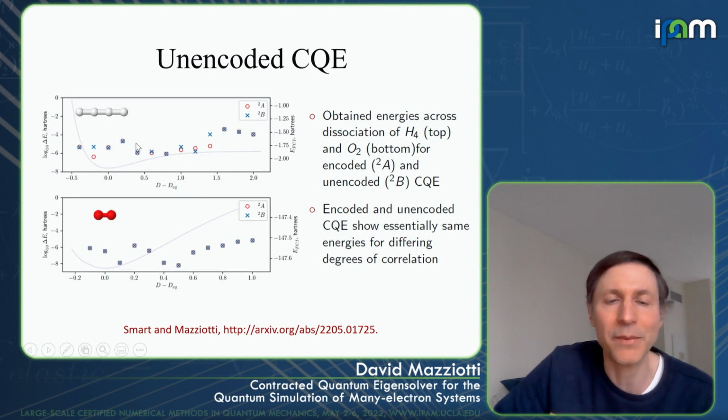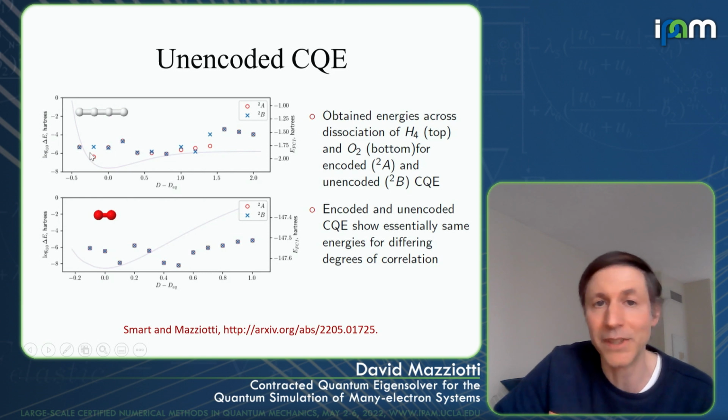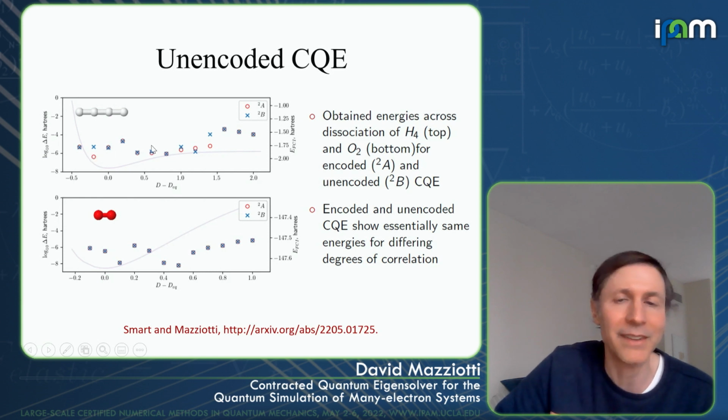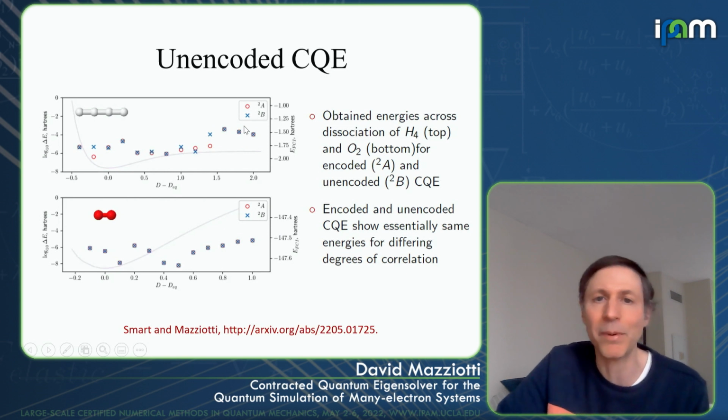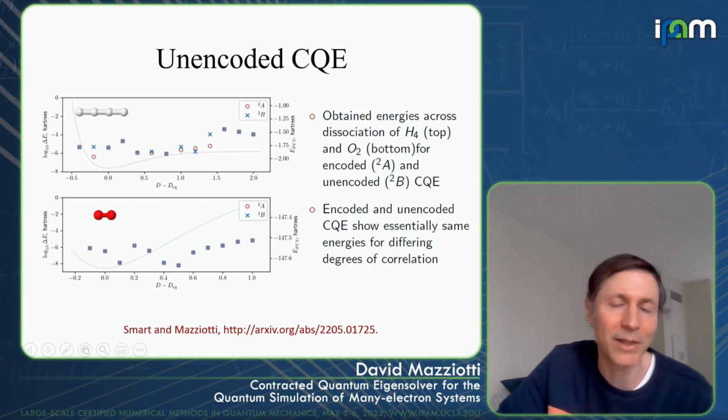The circles represent the fermionic case, and the X's represent the qubit particle case. Here we're on a log scale, so you can see that the error across the potential energy surface is really the same for both the fermionic encoded one and the unencoded qubit particle version of the contracted quantum eigensolver. So basically we're getting accurate results throughout, and you end up with the same potential energy surface in either case.